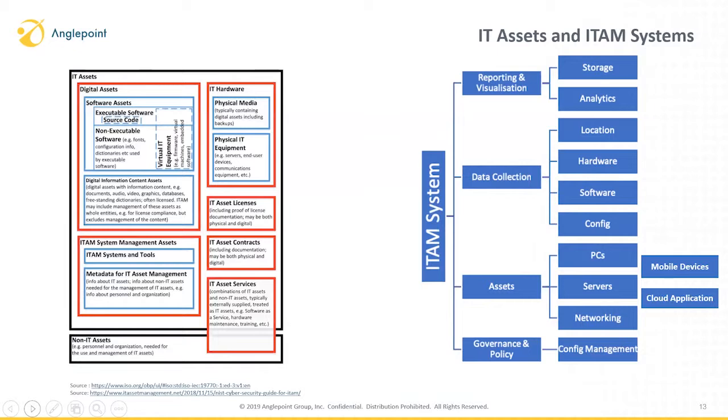The other key thing that constitutes an assets management system is the collection of data, basically discovery of all your hardware, software, applications, and their current versions, their configuration, and their locations, as well as whether they are cloud or on-premise based.